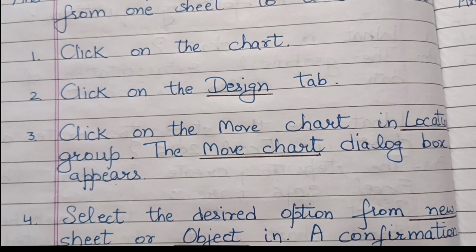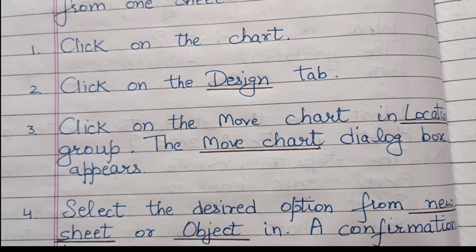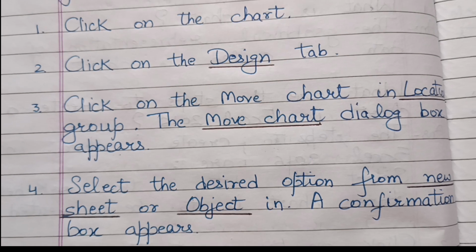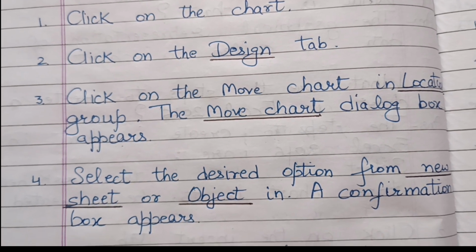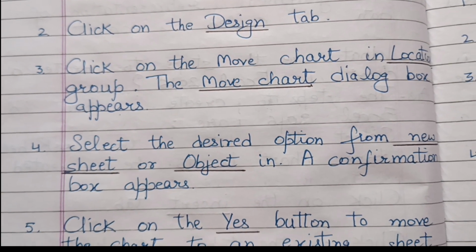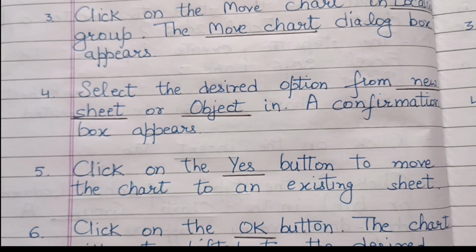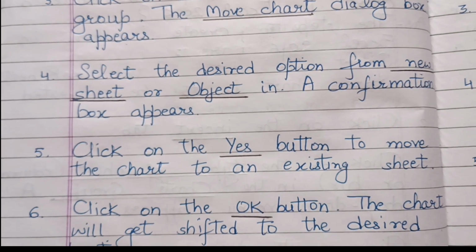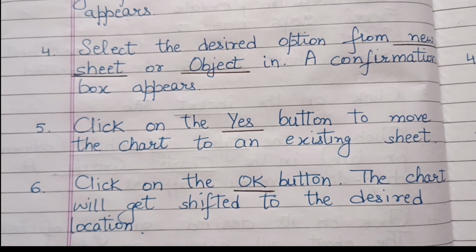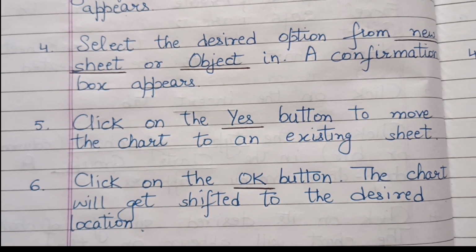Select the desired option from new sheet or object in a confirmation box appears. Click on the yes button to move the chart to an existing sheet. Click on the OK button. The chart will get shifted to the desired location. So these are the steps.